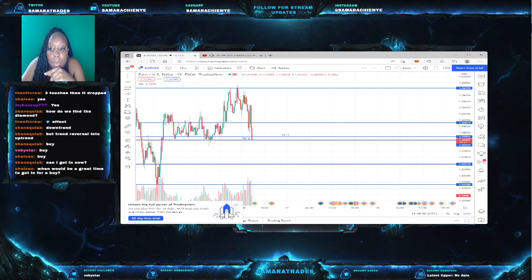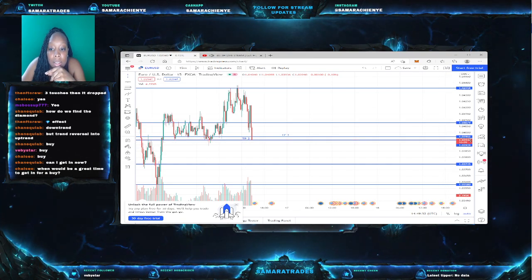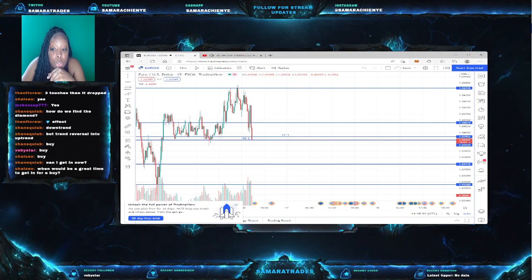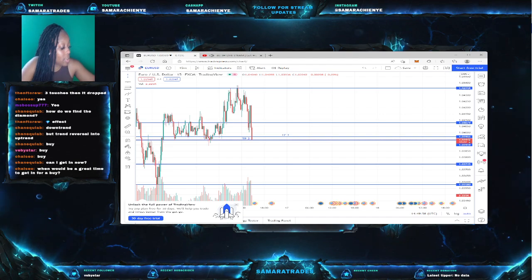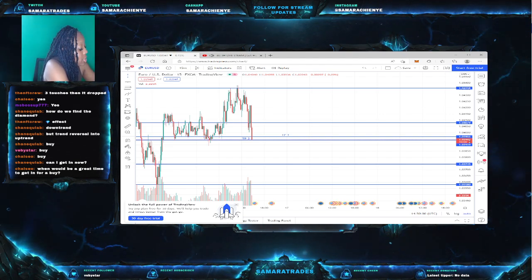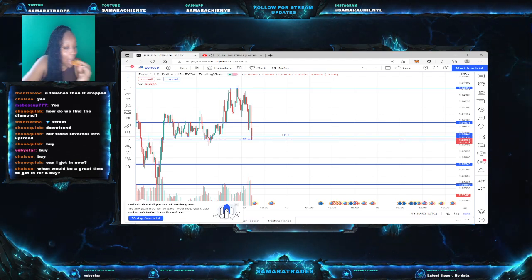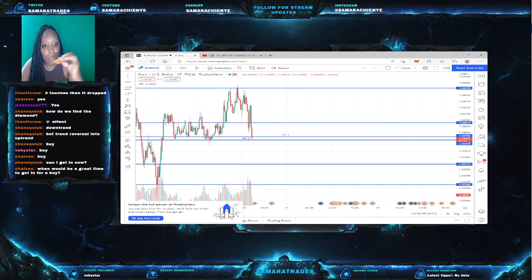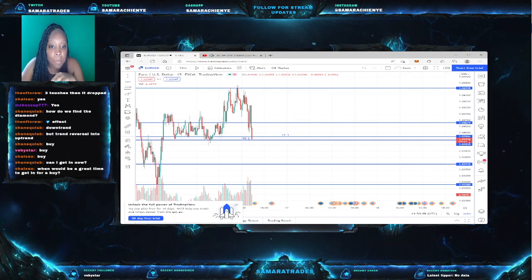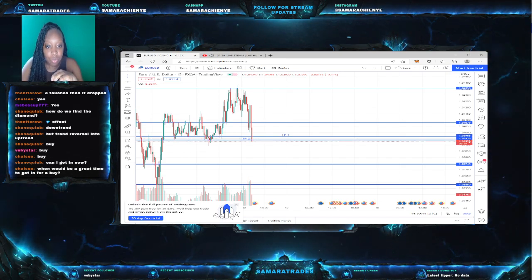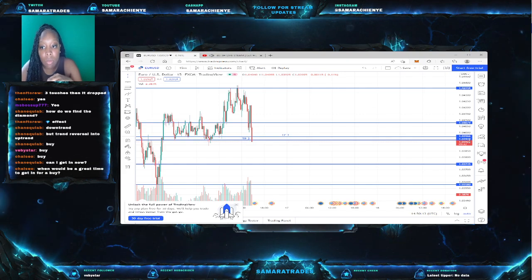If it surpasses 1.03966, write that in the chat box to help you out if you don't have your journal. If it surpasses that area, we go in for a buy.